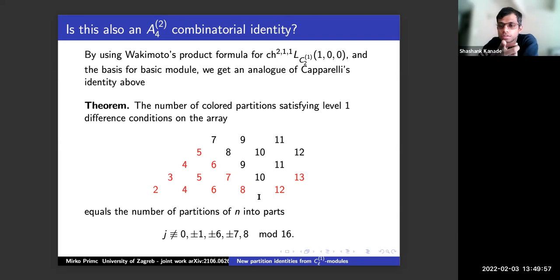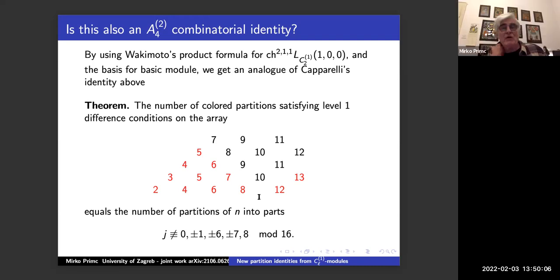So this is supposed to be for A_4^(2), for the whole module, or just the vacuum? So this is a good question. This is a theorem. This is coming from symplectic C_2^(1).